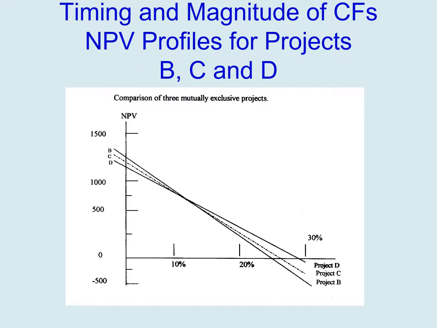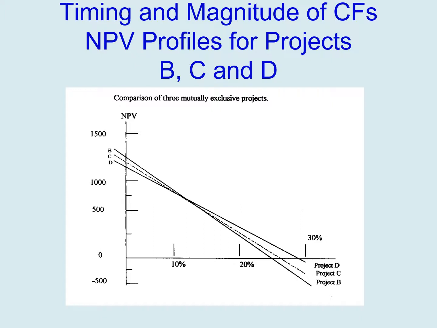So what's important is, because of the timing and magnitude of the cash flows, the NPV may change its ranking on the project. So again, why does this occur? Well, if you remember, we talked about project B and how almost all its cash flows came in at year 5.